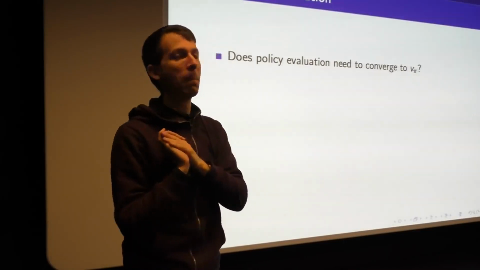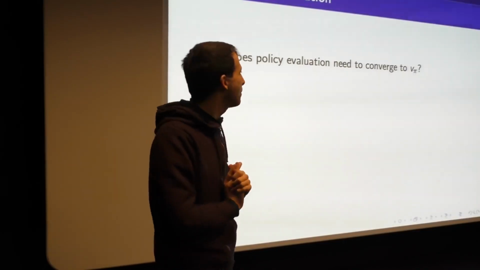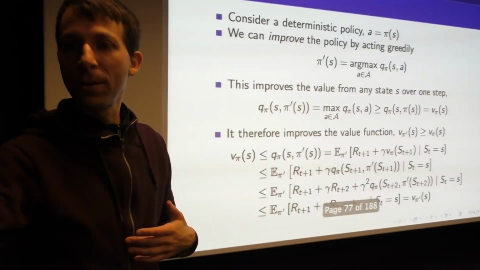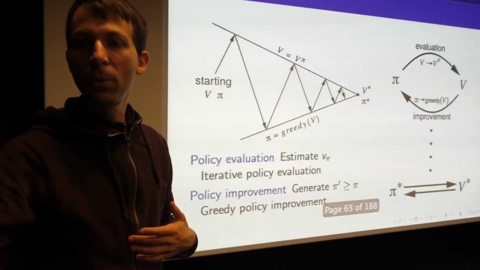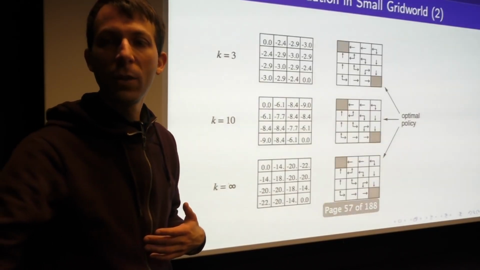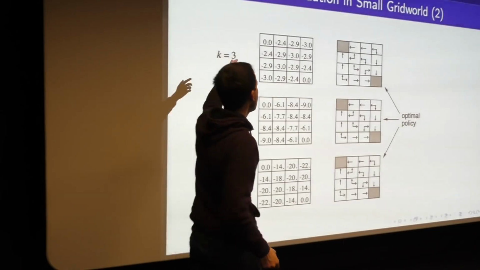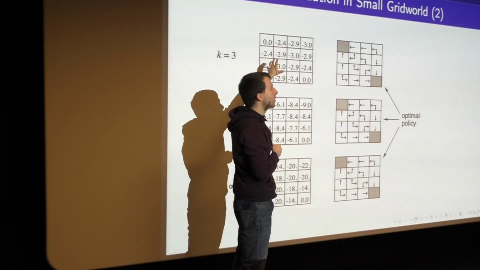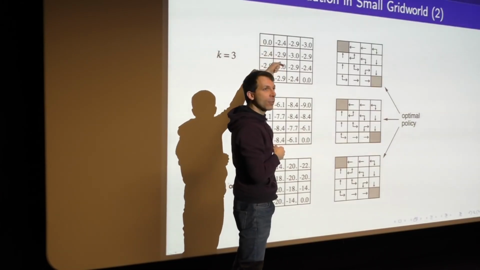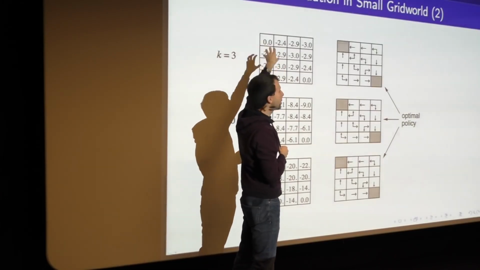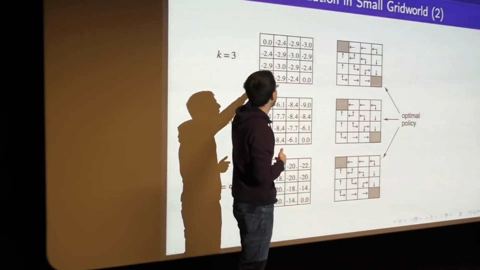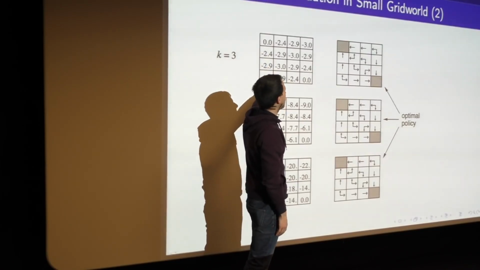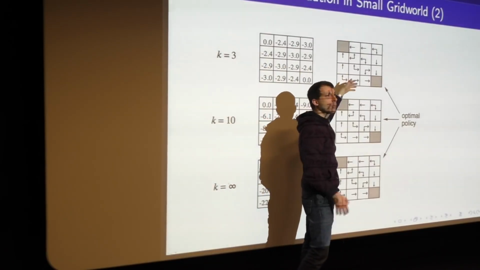Okay? So there was a great question there, which is essentially, if we go back to our example of the small grid world, we saw that even after doing a very approximate job of figuring out the value of our policy, even if you didn't figure out exactly your V pi, even if you just did a few iterations of your Bellman expectation equation, you got a very crude estimate of how good each state is, and acting greedily with respect to that was already enough in this problem.